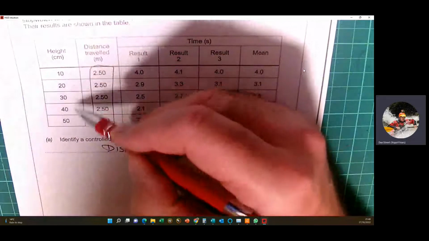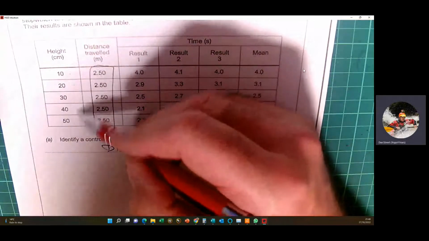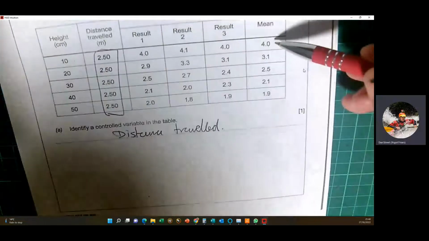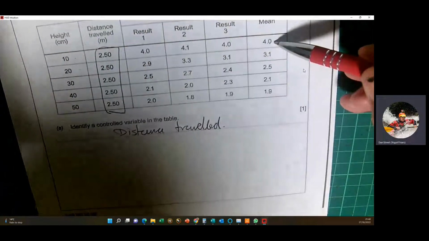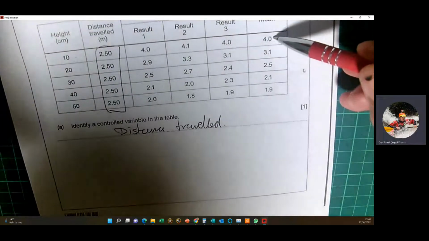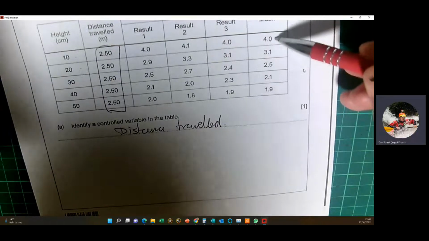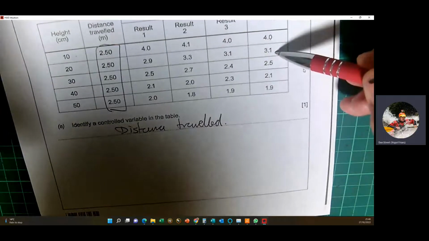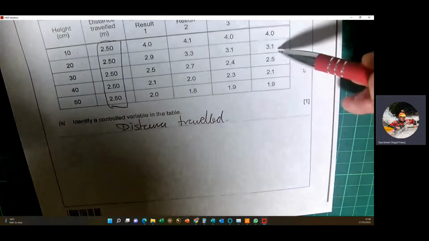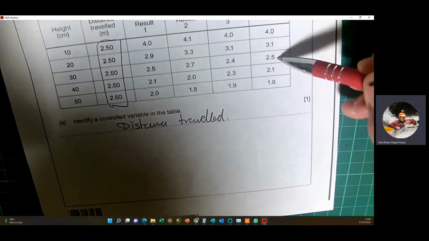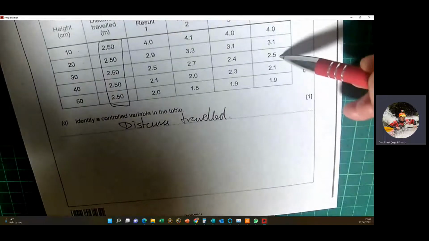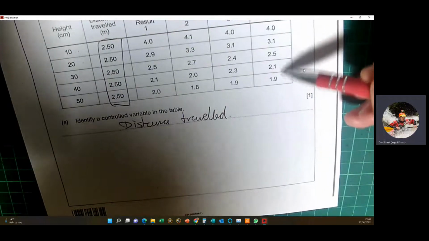Okay, however, if we look at how it decreases, the steps in the height are 10 centimeters, 10 centimeters, 10 centimeters, 10 centimeters. But if we look at how the time decreases, it goes from 4 to 3.1, so that's a drop of 0.9 of a second. Then it drops down to 2.5, which is 0.6 of a second, and then it's 0.4 of a second, and then it's 0.2 of a second.